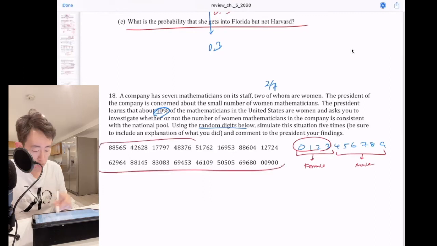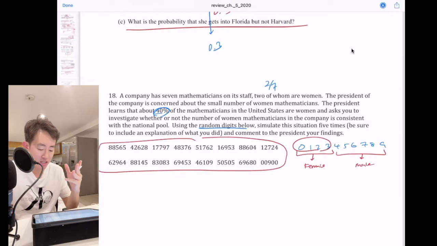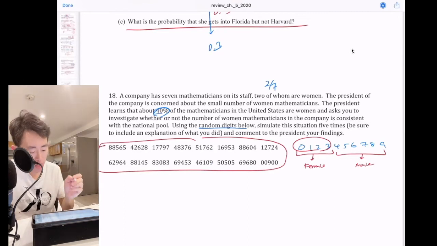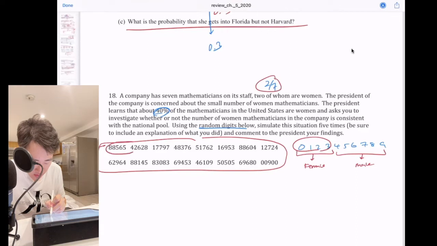Now, what are all of these random numbers for? Well, it's basically for you to use, and it doesn't matter how you use this as long as you follow some sort of a chronological way. So you read from left to right. Here's how I did it. You want to pick a group of 7s because the company has 7 people on its staff. So you circle every group of 7.